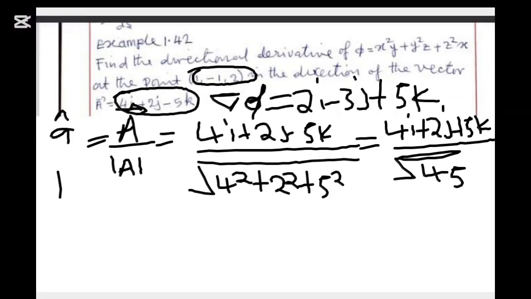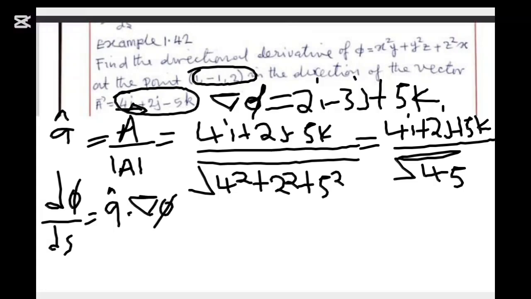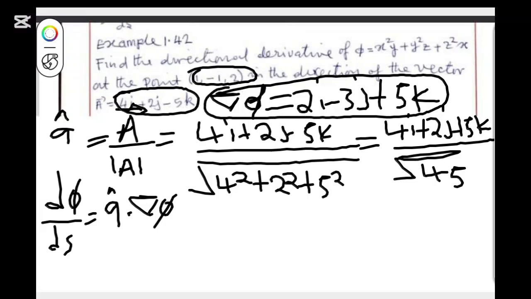So you have to take note that this dpsi by ds is the same thing as the unit vector dot the value that we found, which is the del psi.